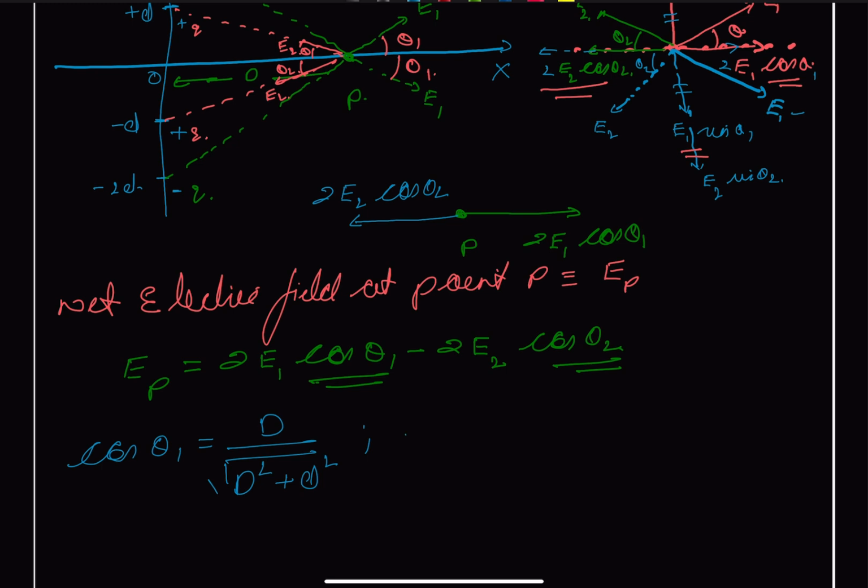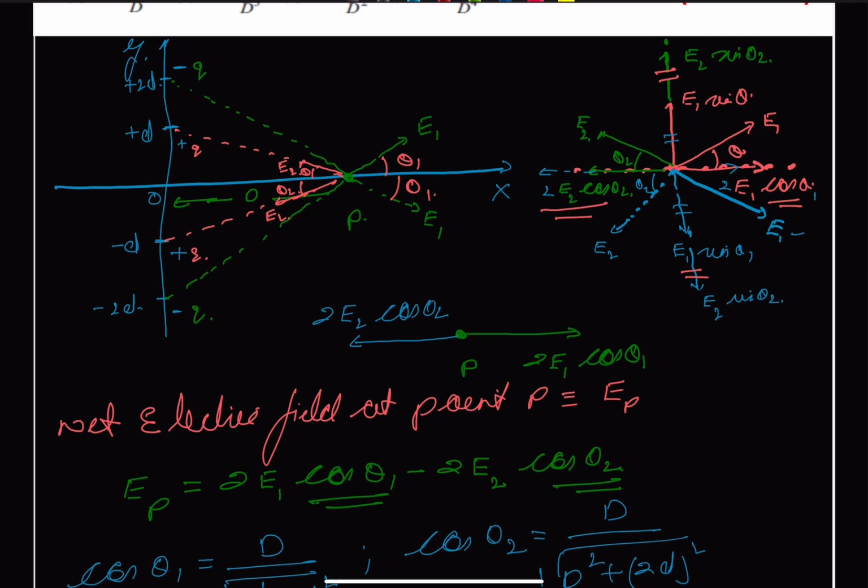Similarly, we can write cos of theta 2 is equal to d upon the square root of d square plus (2d) whole square. Okay, one second.